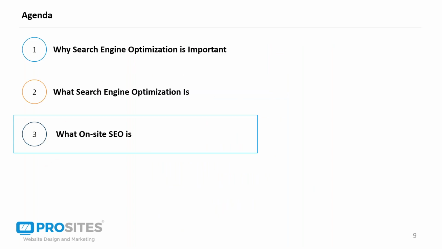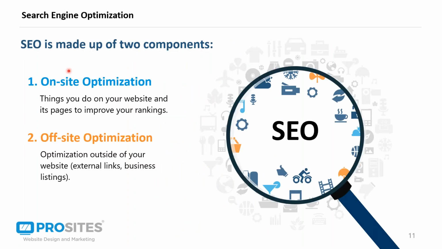Okay, so let's talk about what on-site SEO is. So the 2 components that I was talking about, and why this is broken down this way, is SEO is made up of 2 parts. On-site optimization, which are things that you do on your actual website in order to improve your rankings, and off-site optimization, which is what you do to influence websites connected to your own dental website, but not your dental website itself.